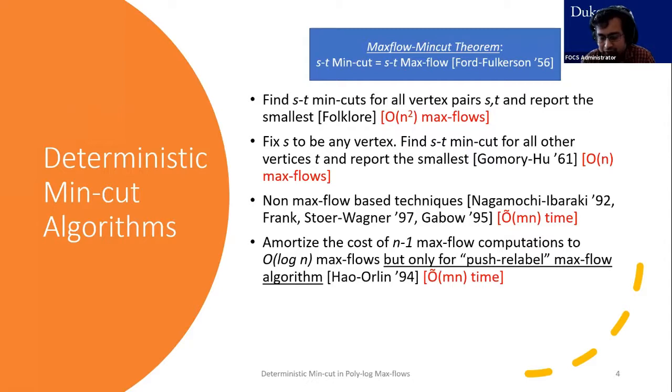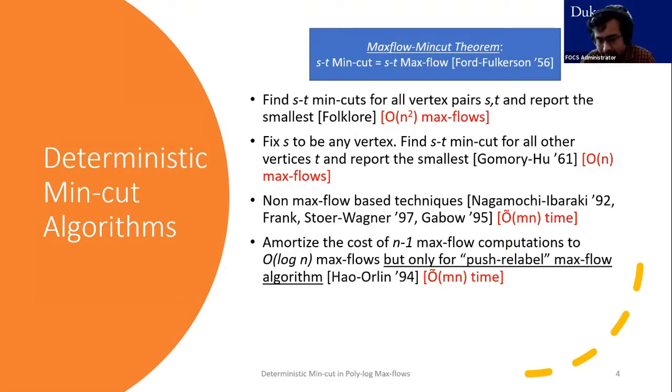I'm going to suppress the polylog factors in these running times. M is the number of edges, n is the number of vertices. One particular algorithm worth mentioning is due to Hao and Orlin. It shows that instead of running a bunch of different max flows, or a bunch of different ST min cuts, to compute a min cut, you can amortize the max flow running time so that overall you are effectively running only log n max flows.